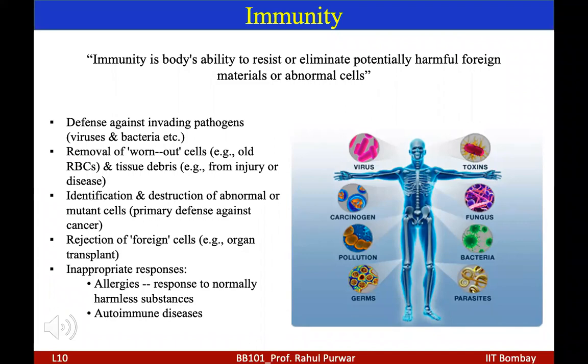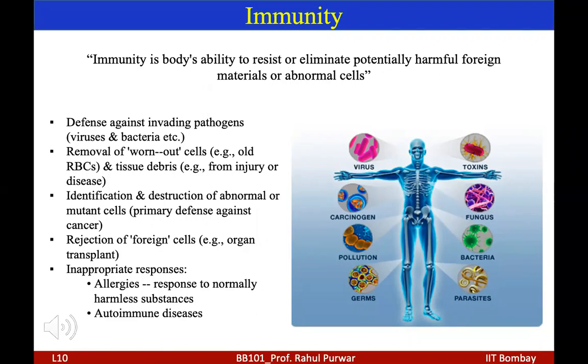You have to ensure that certain factors are matched in the recipient as well as the donor. Only then is the organ transplant successful. So foreign cells are always rejected by our immune system, and only when there is a certain match are the foreign cells accepted.